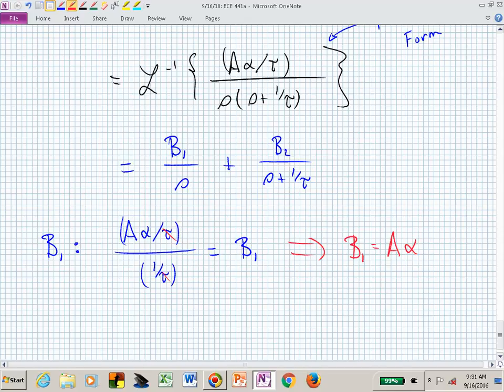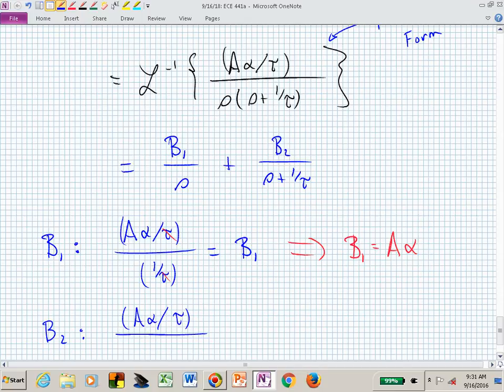What about b sub 2? We can do the same strategy. We can multiply by the factor s plus 1 over tau on every term and let s equal the value that forces that term to go to 0. Or we let s equal minus 1 over tau. And that now isolates b2. It gets rid of the b1 piece, and our left piece is now a alpha over tau all over s.